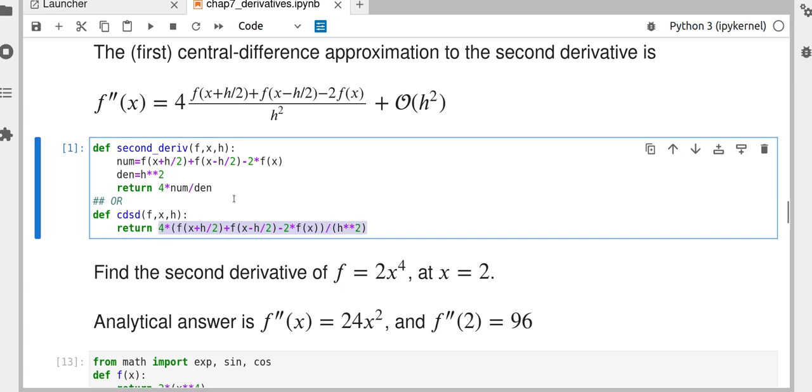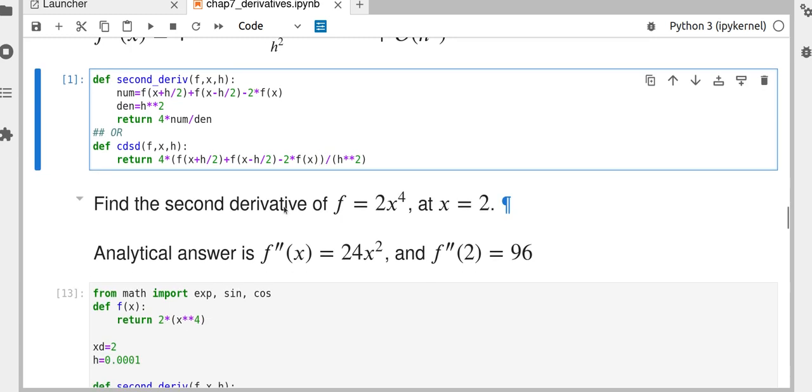I use this method so that it will be easier for you to follow, and to avoid the problem that some students forget this bracket here. If you forget this bracket, there will be error in the result. So let's evaluate the second derivative of 2x raised to the power 4 at x equals 2.